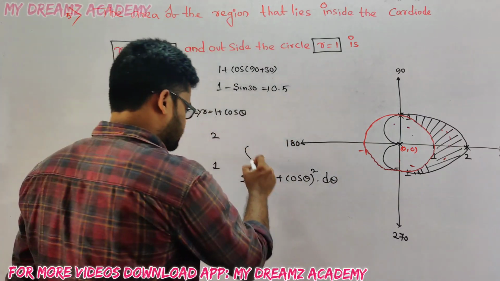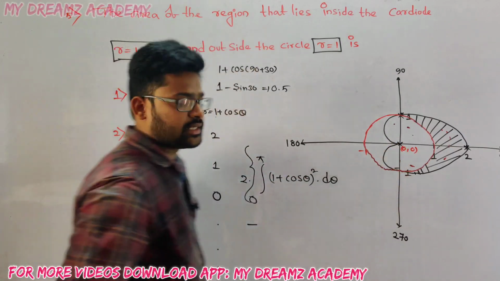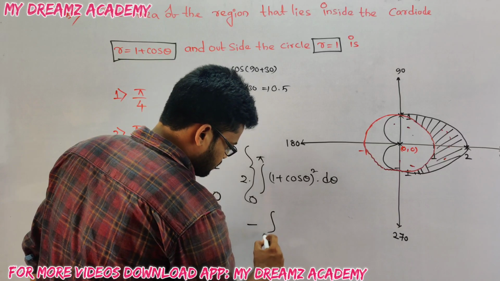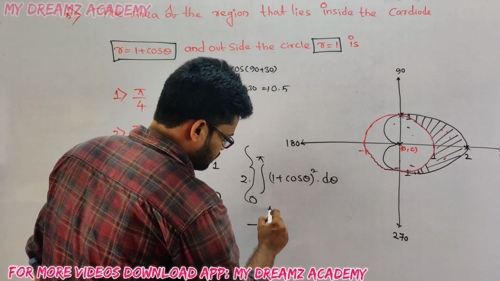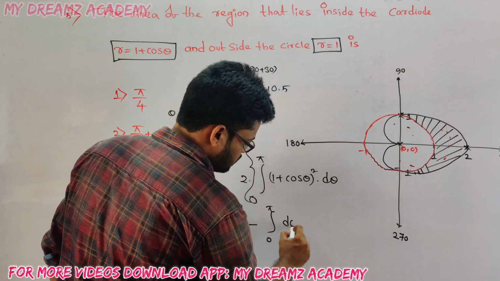Next, minus the area of the circle, that is from 0 to pi, r square, that is 1 only, into d theta.